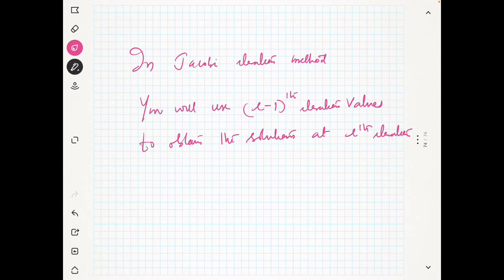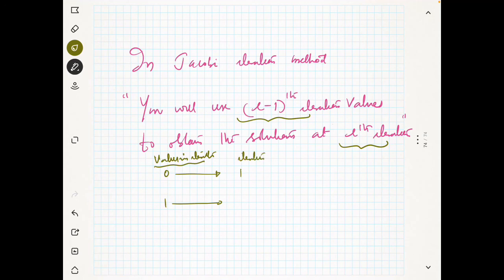Okay. So this is the idea, don't forget this. So you will use all these values from I minus 1th to find the ith iteration. That means you will use the values of 0 to find 1. You will use all values in iteration 0 to find the solution in iteration 1, and you will use all the values from 1 and you will obtain the 2, and from 2 you will find 3, and so on.